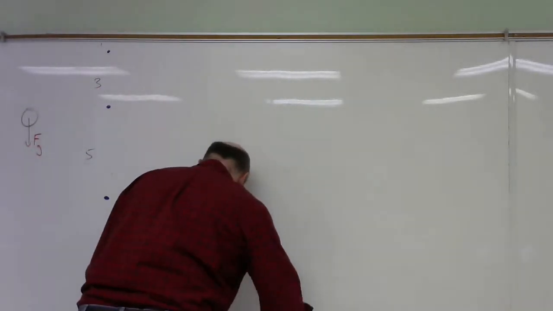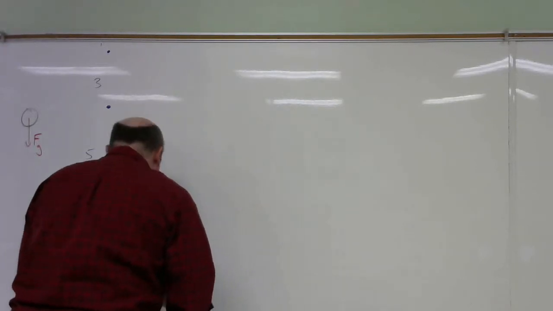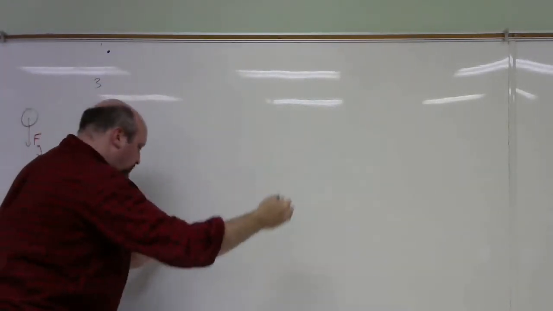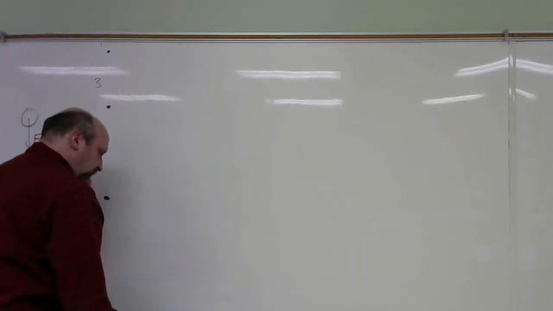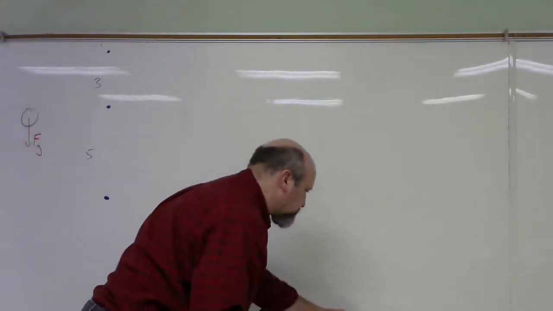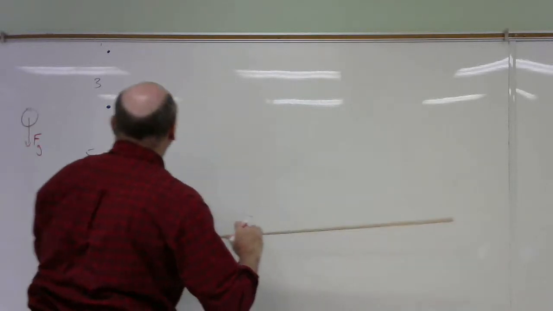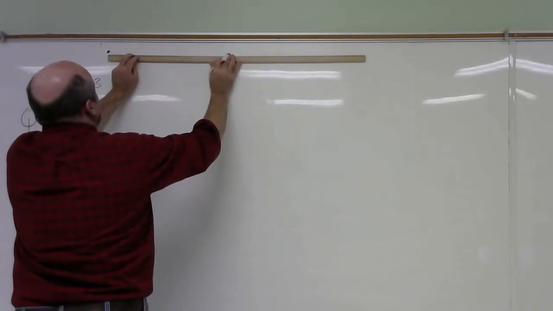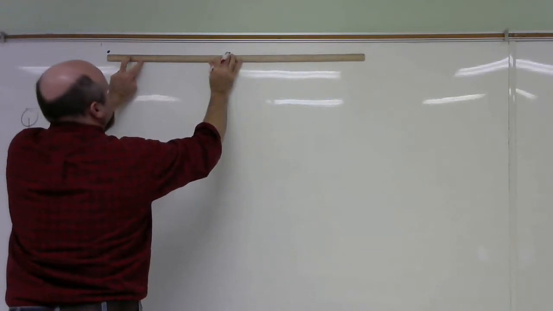So sideways motion, if I didn't have any force acting on this ball, it would go just equal distances sideways. So I'm going to go ahead and sketch those in here. And this time I'm going to do it in multiples of 20, okay? Just to make this easy.